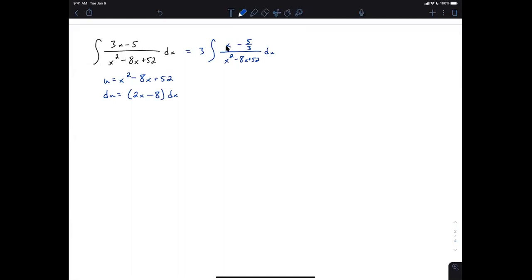So we're going to multiply inside by 2 and outside by 1/2. But when you multiply inside by 2, the 2 distributes, so you get 2x minus 10/3 over x squared minus 8x plus 52. All right. Questions to there?